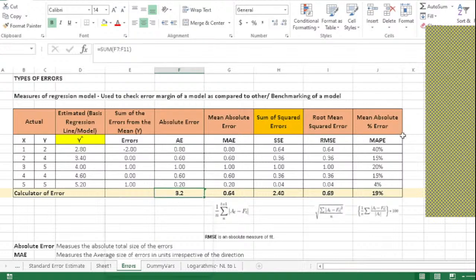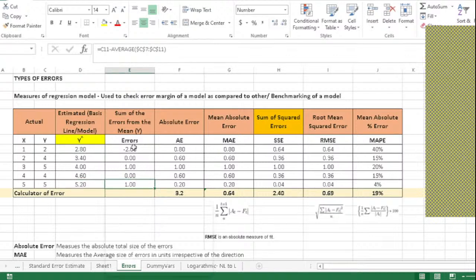Direction of the error means, notice here, I am measuring the error from the mean. So if 4 is my mean, my y value is 2. It is on the left side, and if 4 is my mean, 5 is my actual value, so the actual value is on the right side.